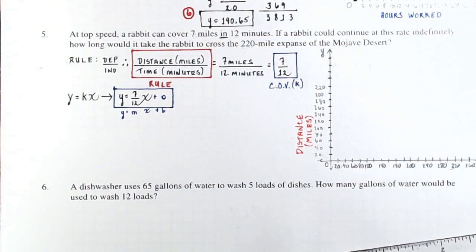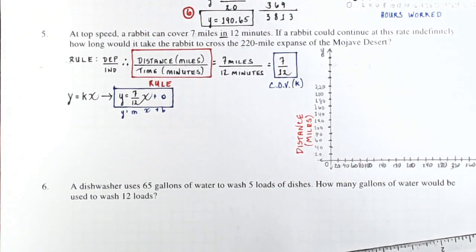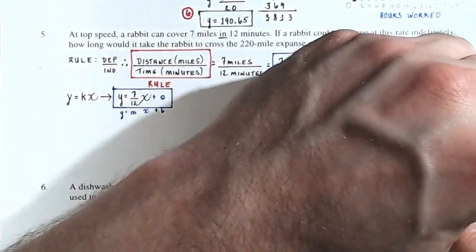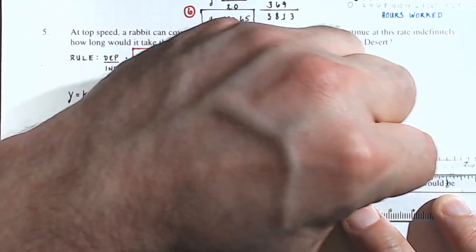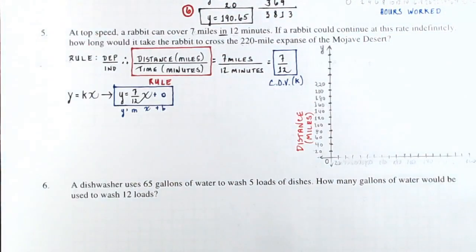Okay, that should work. Oh, now I think I messed it up again. Oh no. I'm labeling this horizontal axis incorrectly here over and over again.